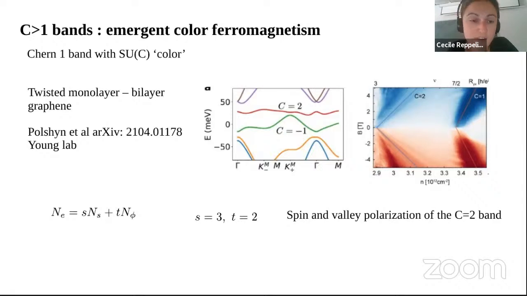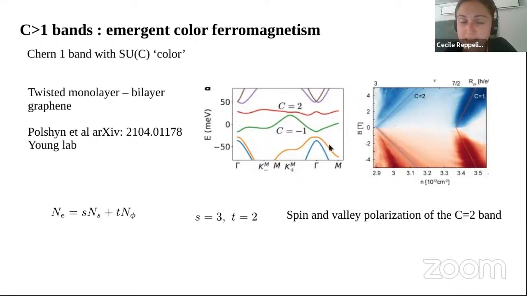And the authors have interpreted these two states as follows. Take again the Diophantine equation that I was using yesterday, which is very generic, which expresses the number of electrons as a number S times the number of lattice unit cells plus another number T times n_phi, the number of flux quanta.